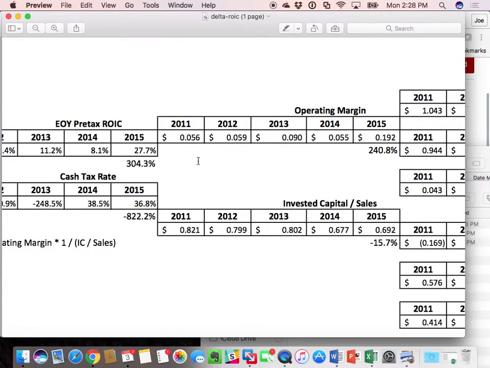That's an increase of 240.8%. The biggest driver for pre-tax ROIC, and for that matter after-tax ROIC, was that big jump in operating margin. Instead of making 5.5 cents of profit in 2014, they're making 19.2 cents of profit.